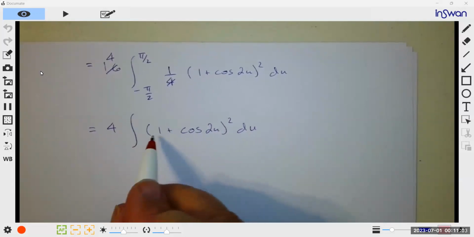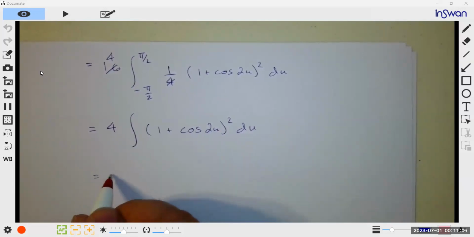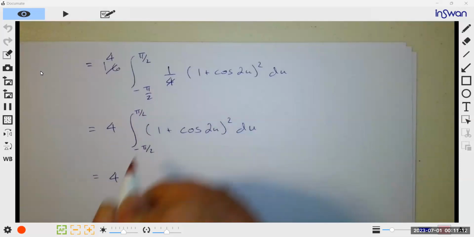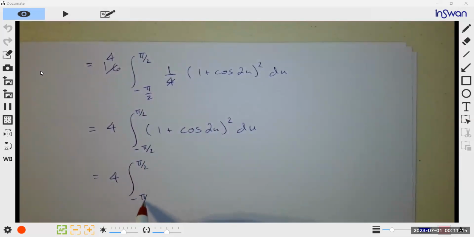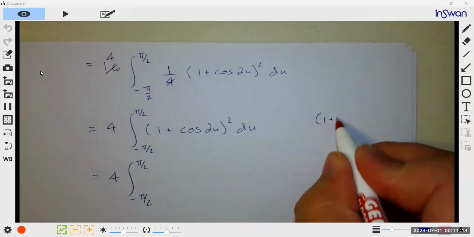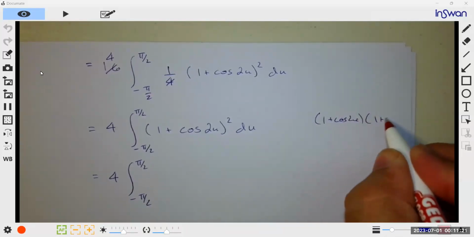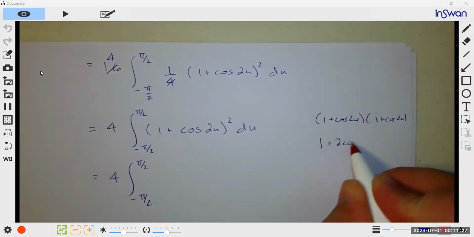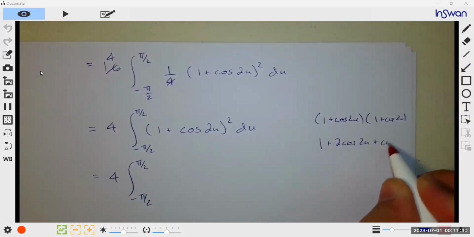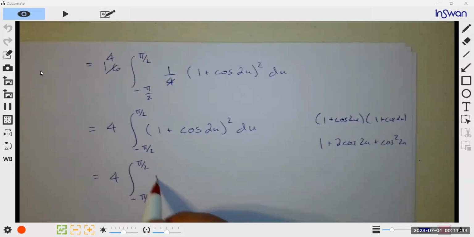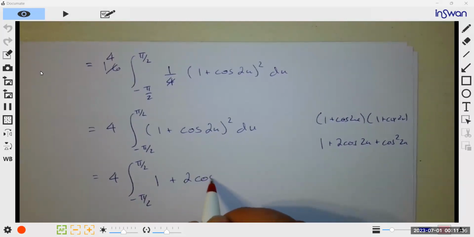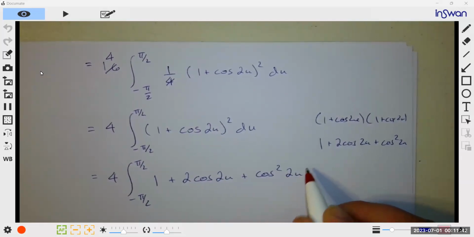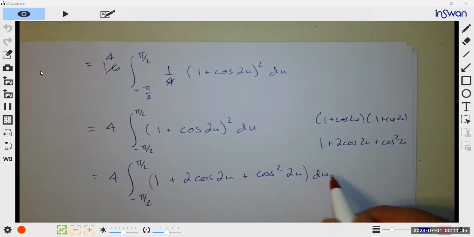Go ahead and FOIL this one, negative pi over 2 to pi over 2. So this is going to be 1 plus cosine 2u, 1 plus cosine 2u, which is 1 plus 2 cosine 2u plus cosine squared 2u, du.